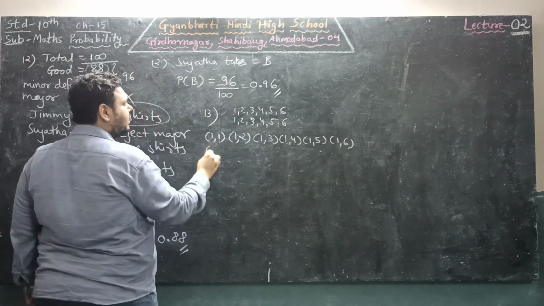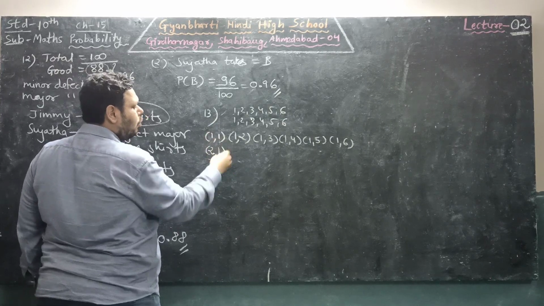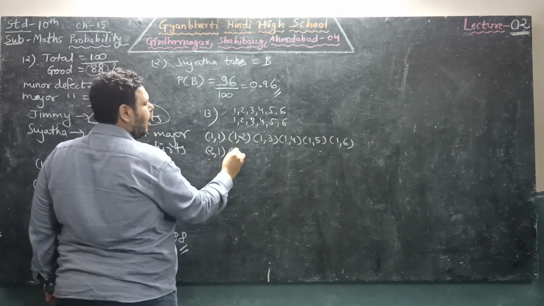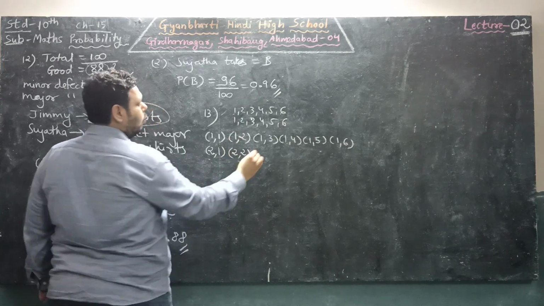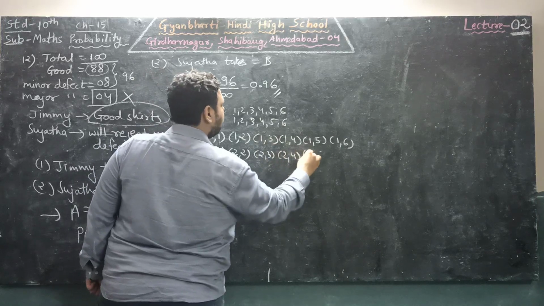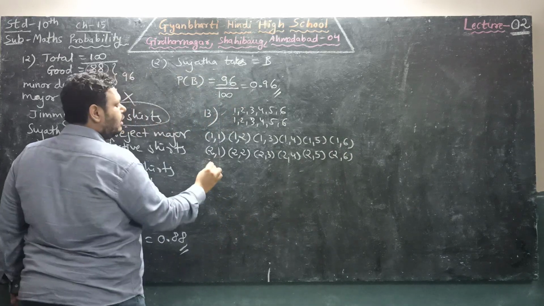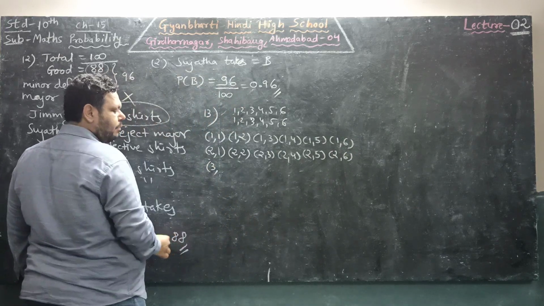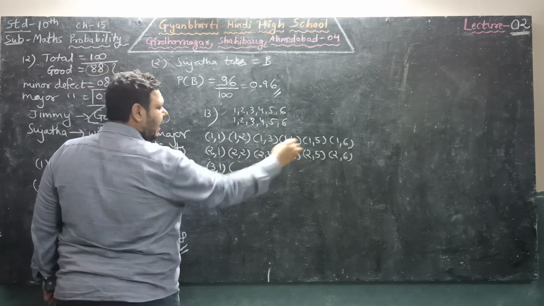Now on the first dice we are getting 2 and on the second dice we are getting 1. Similarly 2 and 2. Then 2 3, 2 4, 2 5, 2 6. Now on the first dice we are getting 3, on the second dice 1. Similarly we can write till 3 6.